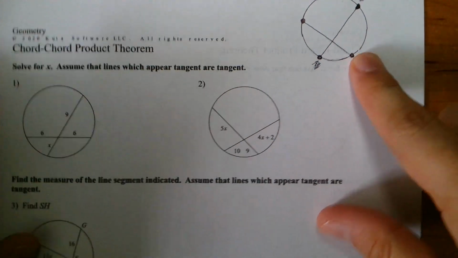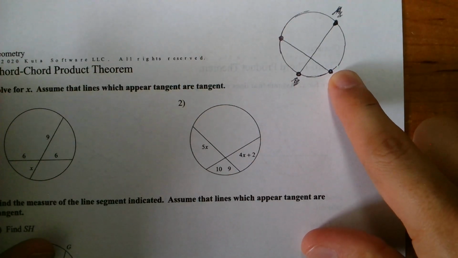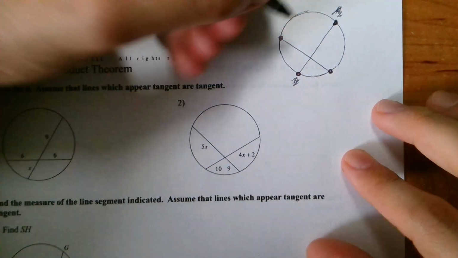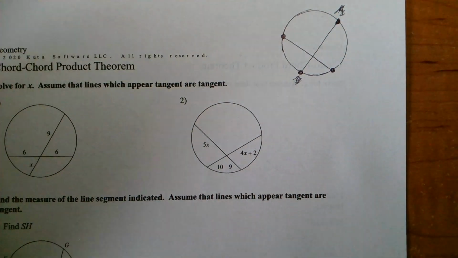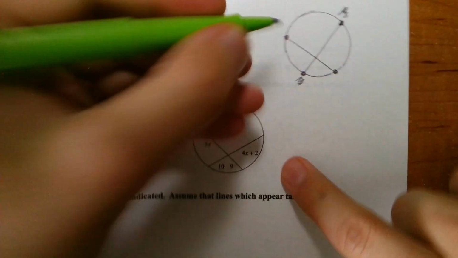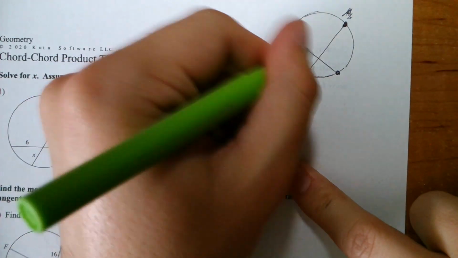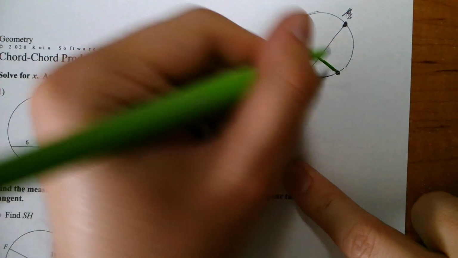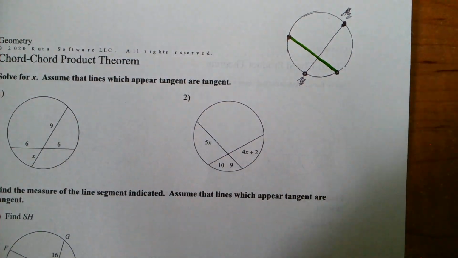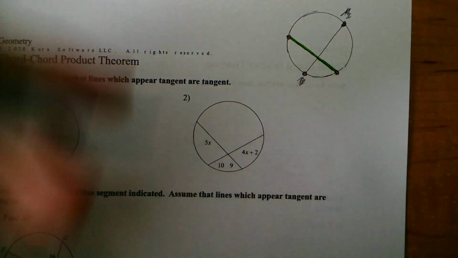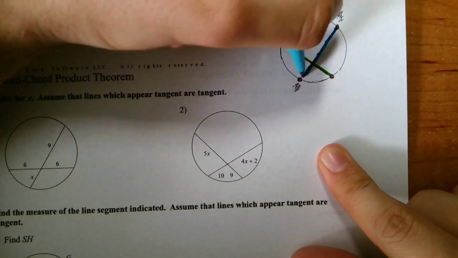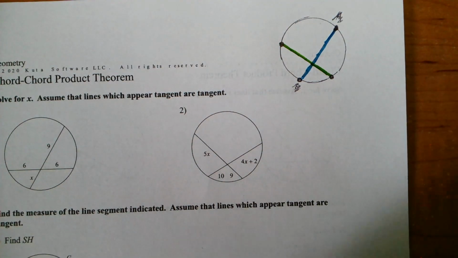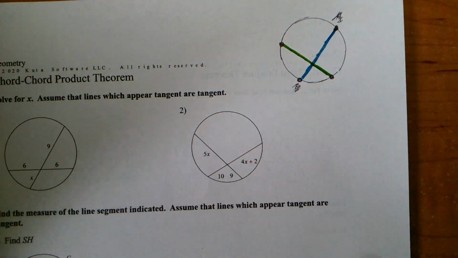Okay, so up here, I have drawn a circle with two chords in it. Let's go ahead and color code them. We've got a green, and I'm going to color the other one blue. For this part, you're going to hear me call it the blue chord and the green chord.